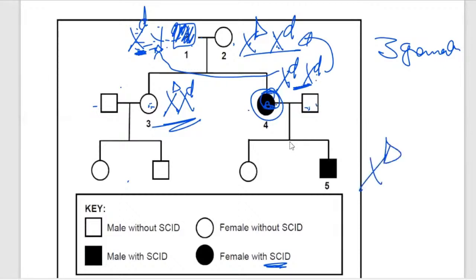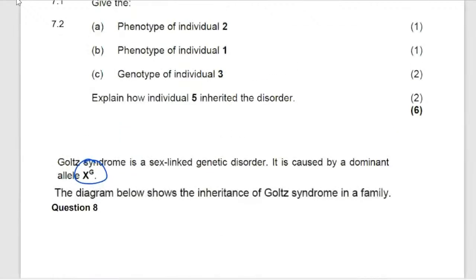So we're going to say that individual 5 is a male who is sick and therefore obtained a recessive allele from the mother. You have to tell us that individual 5 is affected with this disorder and received one recessive allele from the mother, who is number 4. Therefore, I think that's how you can try to explain.